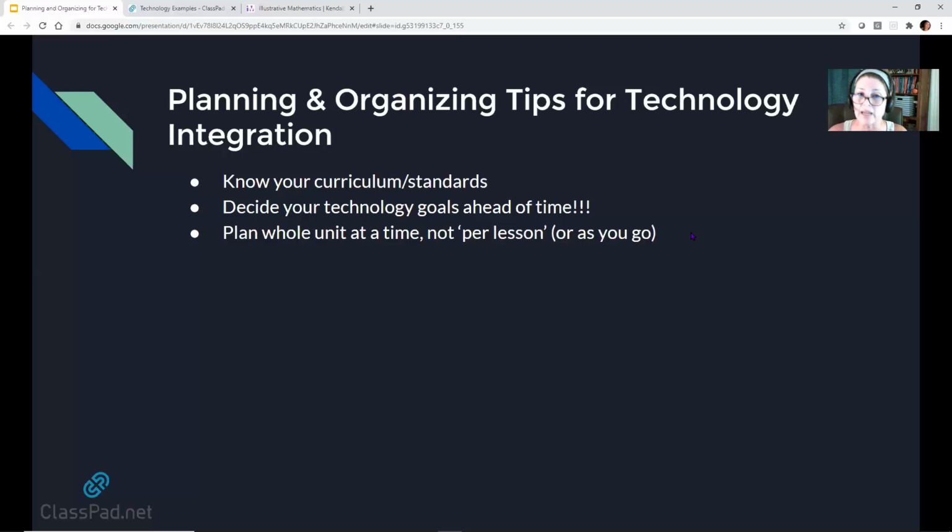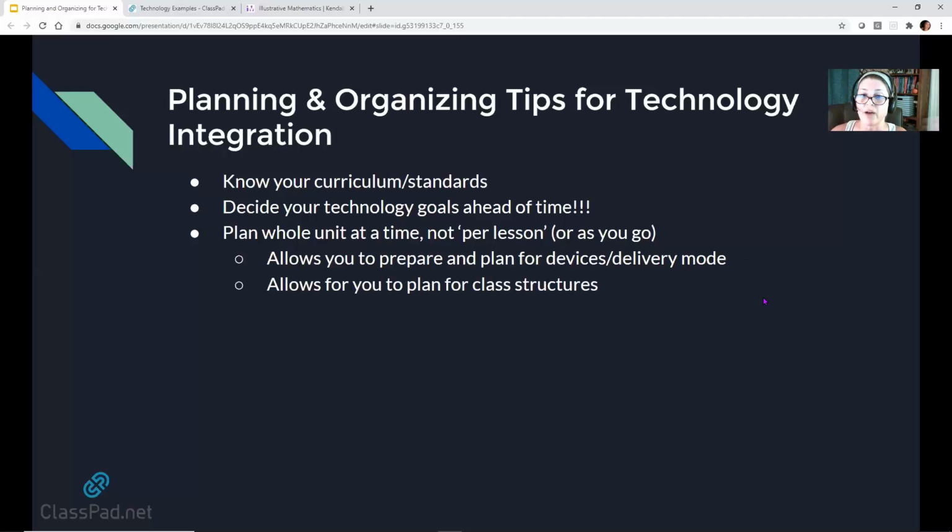Planning ahead means you're thinking about what devices you're going to use. Are students going to be on their tablets? Are they going to be working whole class? Am I just going to be demonstrating? Am I going to be working in partners? It also lets you think about how you need to set up your class structure, especially in this online environment. So you need to look at a whole unit first, before you decide where you're going to put your technology. That's kind of the first step, in my opinion.